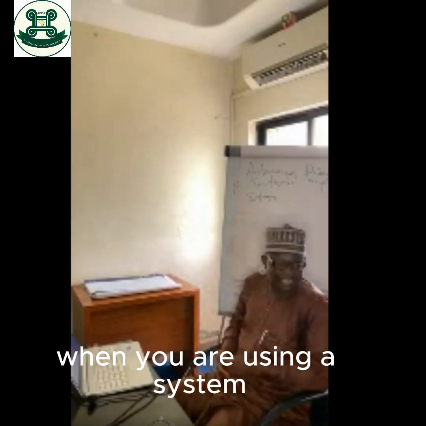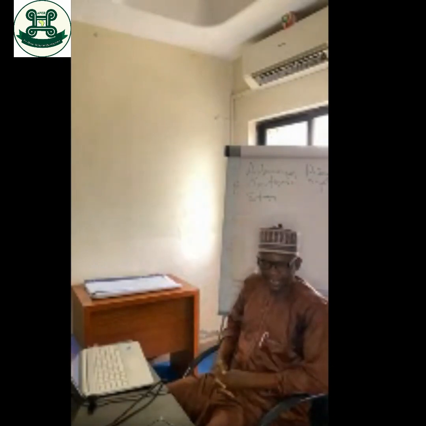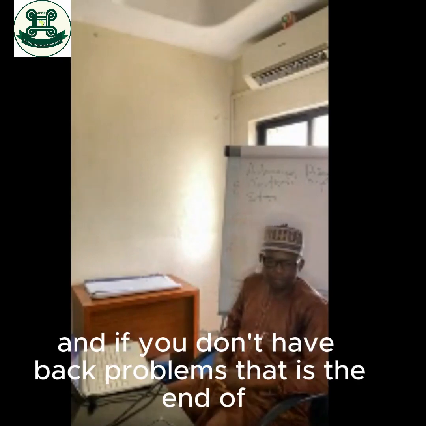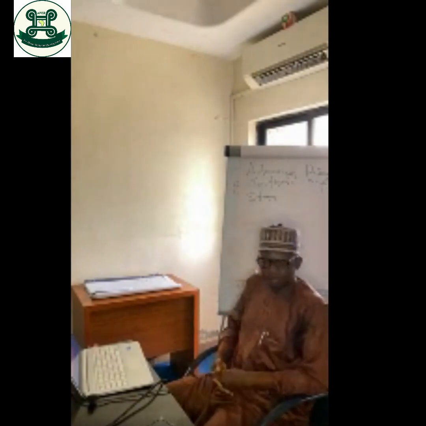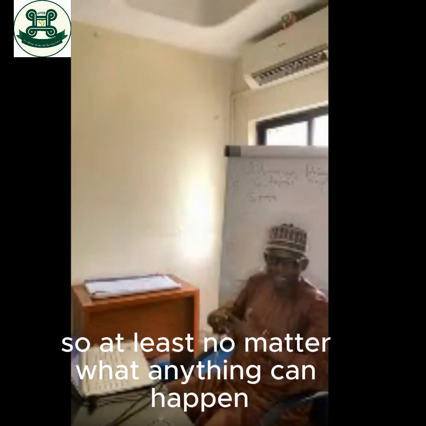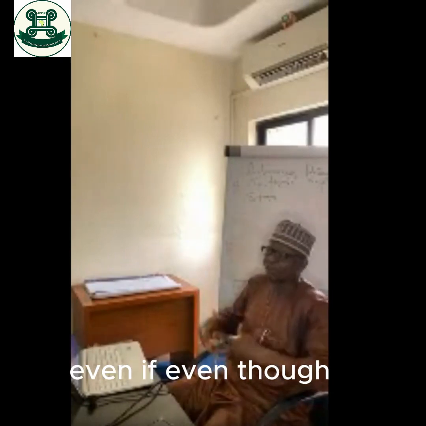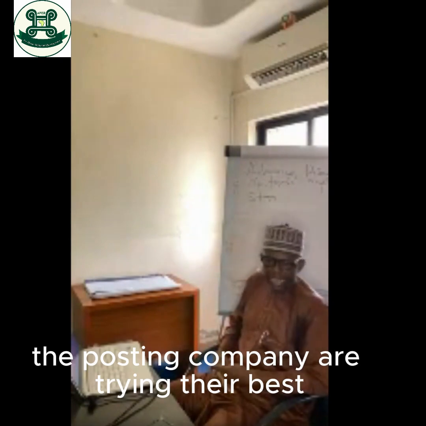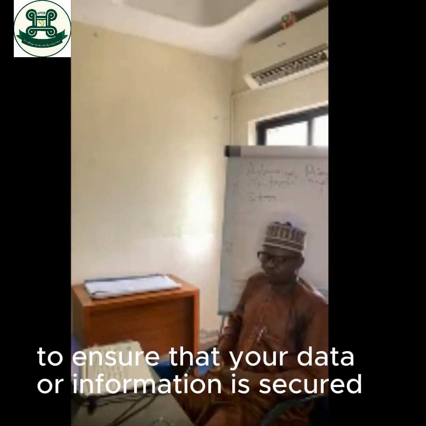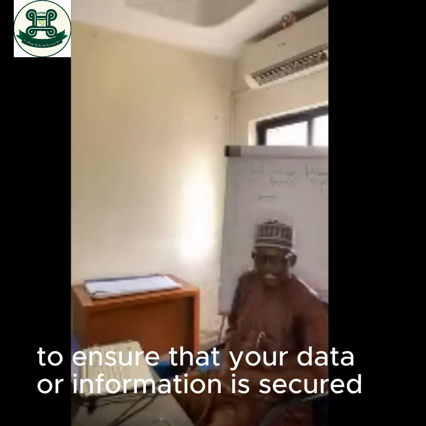Because when you are using a system, sometimes the system may crash, and if you don't have a backup, that is the end of the information there. So no matter what, anything can happen, even though the hosting company is trying their best to ensure that your data or information is secure.